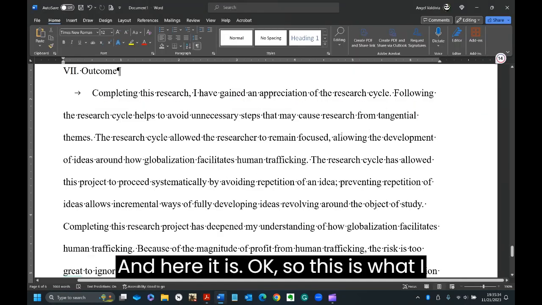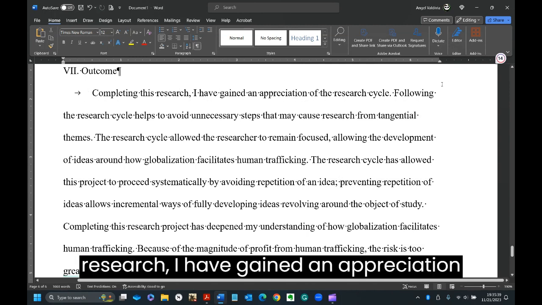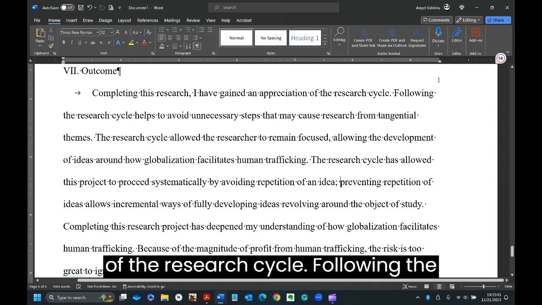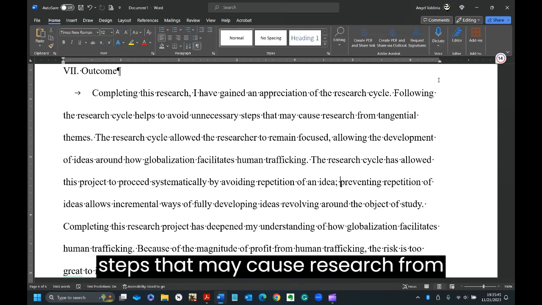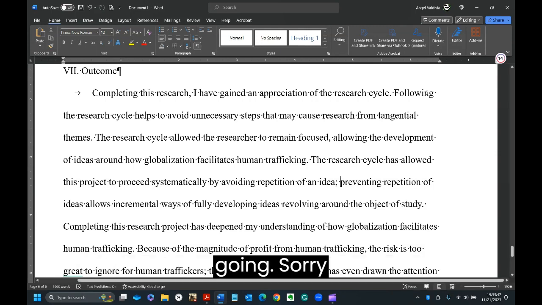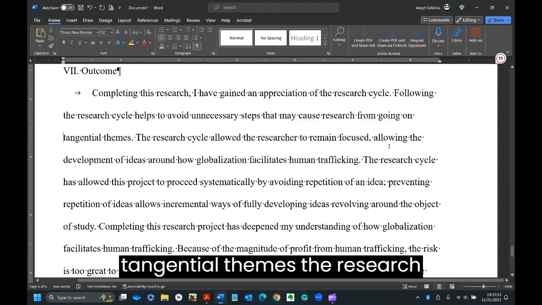And here it is. Okay, so this is what I wrote. Completing this research, I have gained an appreciation of the research cycle. Following the research cycle helps to avoid unnecessary steps that may cause research from going on tangential themes.